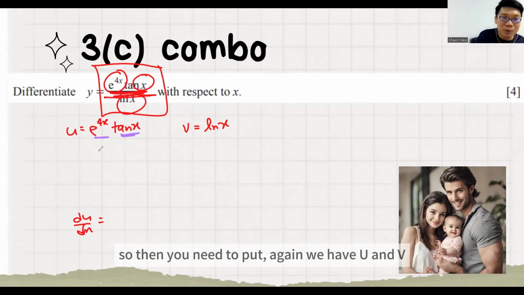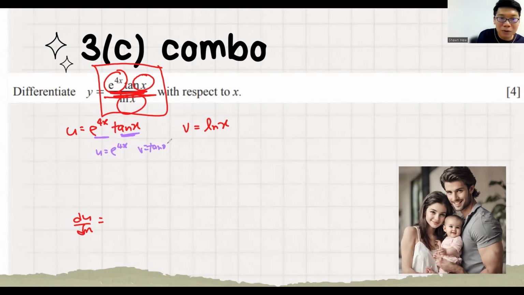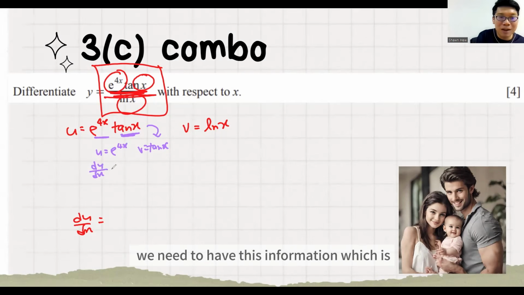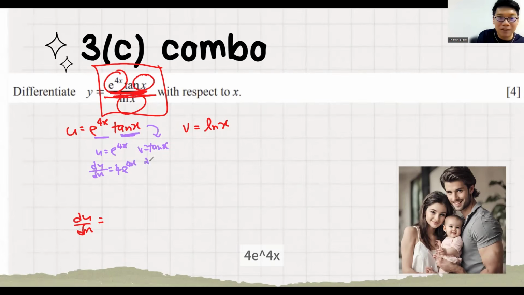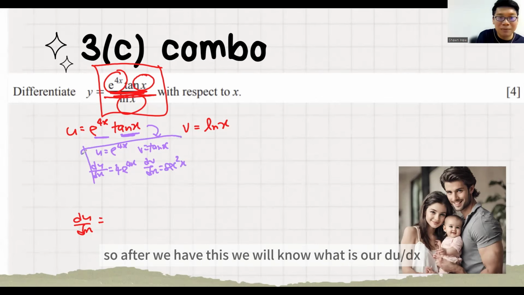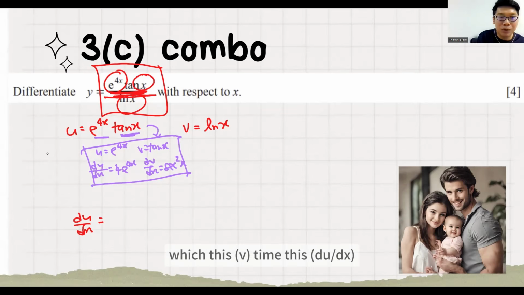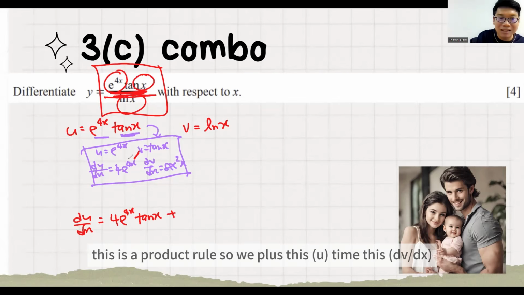So then again, we have u and v from this part. Okay, so for the product rule, we need this information, which is 4e^(4x), and dv/dx is sec squared x. After we have this, we will know what our du/dx is, which this time this is a product rule, so we plus this times this.